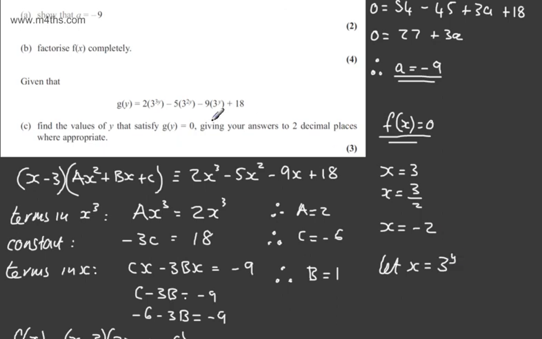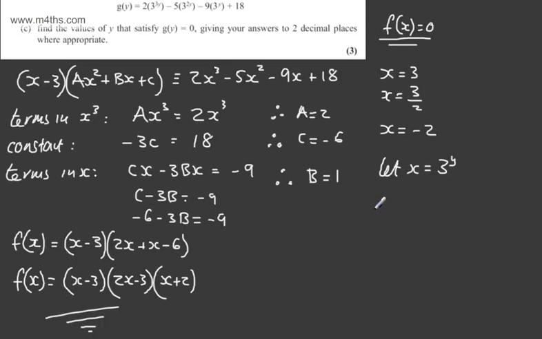This will allow me to solve g(y) = 0. Therefore, 3 to the y is equal to 3, 3 to the y is equal to 3/2, or 3 to the y is equal to −2. Now, there are no real solutions for this last one, so we can state that 3 to the y can never be equal to −2.